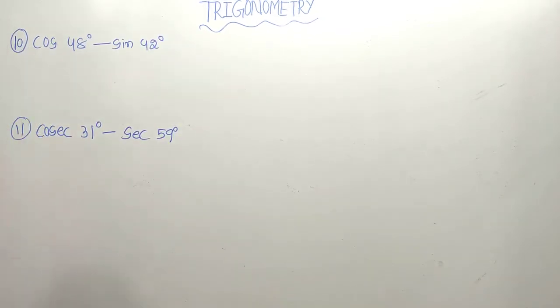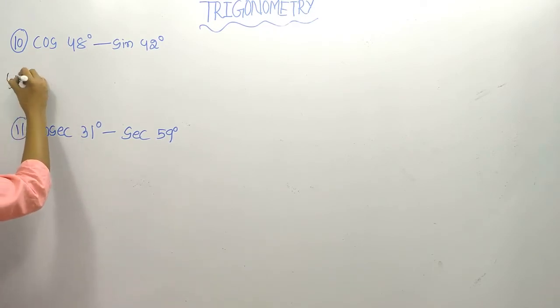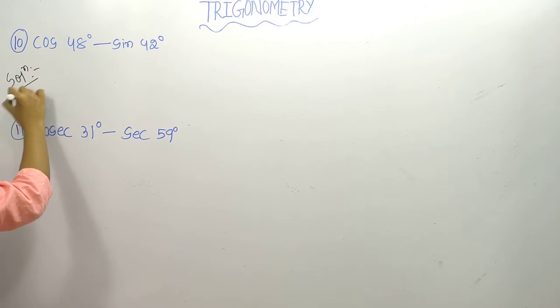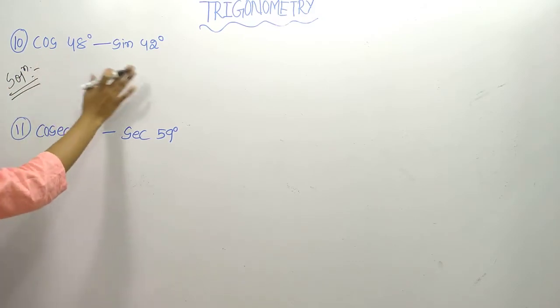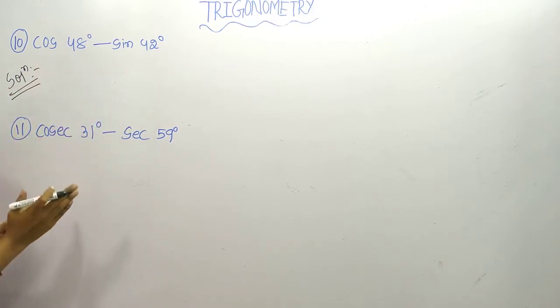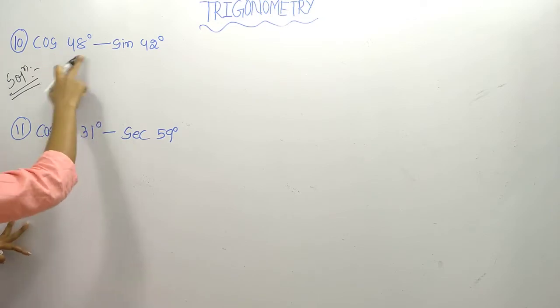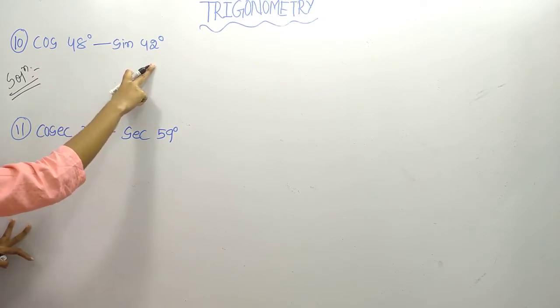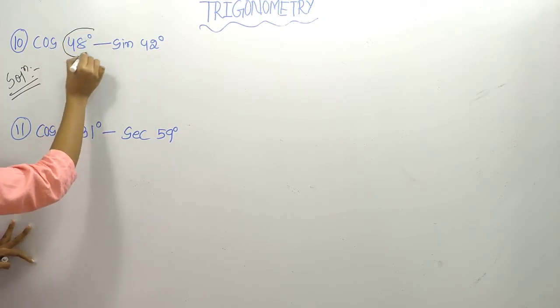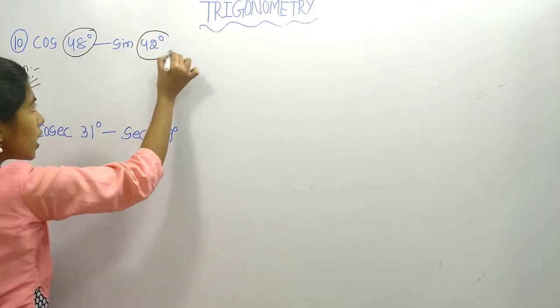So this is our next type of question. Let's see how we will find the solution. If you get questions like this, first of all you will have to check the degrees. Here you see 48 degrees, and again here 42 degrees.